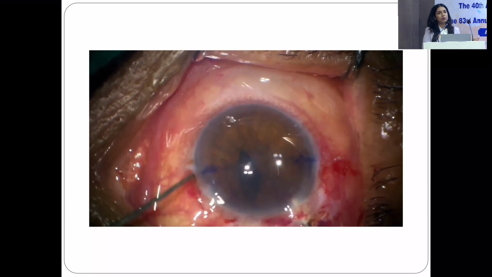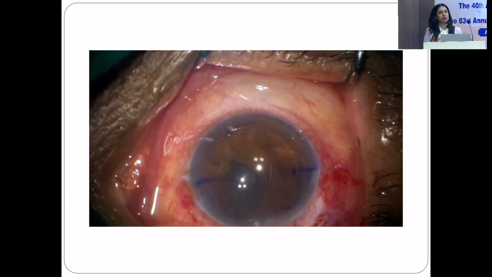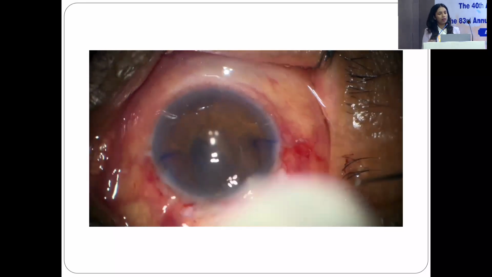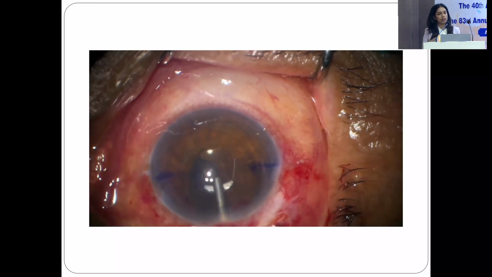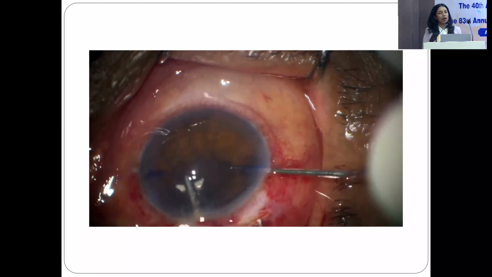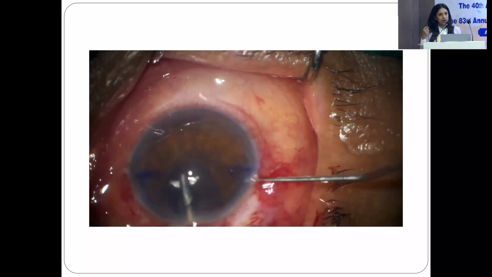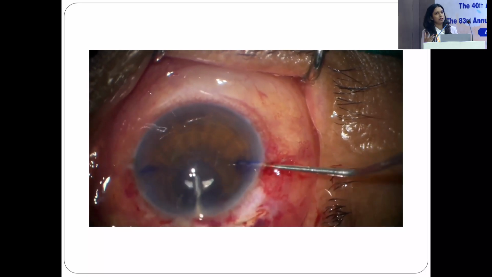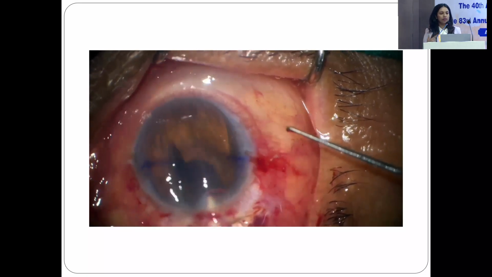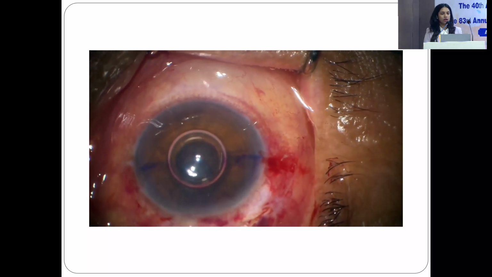These small points are important to get that enclavation in just a single tuck, because if we make multiple attempts to enclavate, we can damage the iris tissue over that area, and this is a reason for iris atrophy at a later stage, and one of the reasons for late disenclavation of the iris claw lenses.